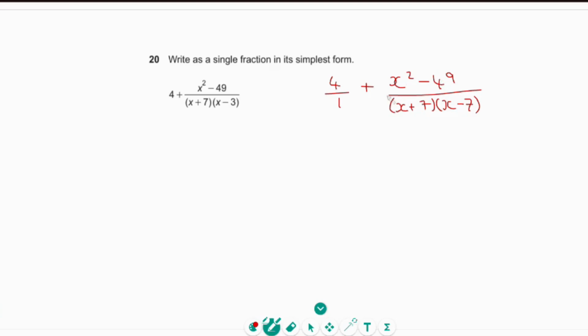If you see this numerator here, hopefully you've noticed it's the difference of 2 squares. So you can factorise it. So difference of 2 squares, it would be x plus 7, x minus 7. Cancel.